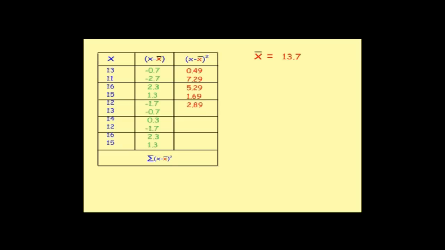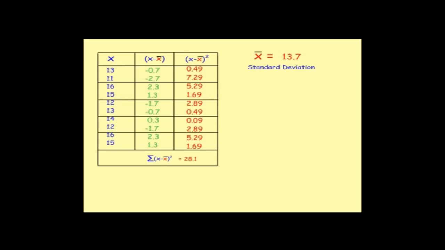Minus 0.7 squared, 0.49. 0.3 squared, 0.09. Minus 1.7 squared, 2.89. 2.3 squared is 5.29, and 1.3 squared is 1.69. Notice that all of these values are positive. We now need to add all these up. So adding the last column gives 28.1.